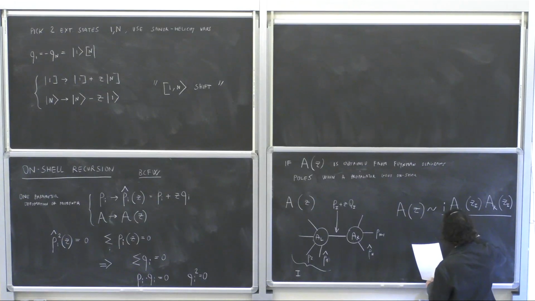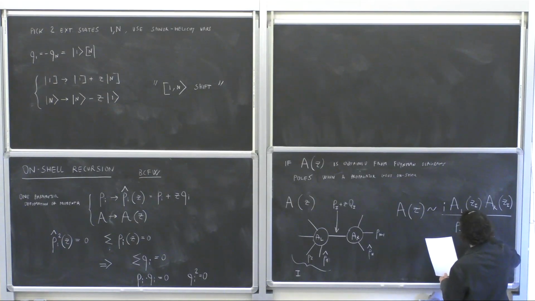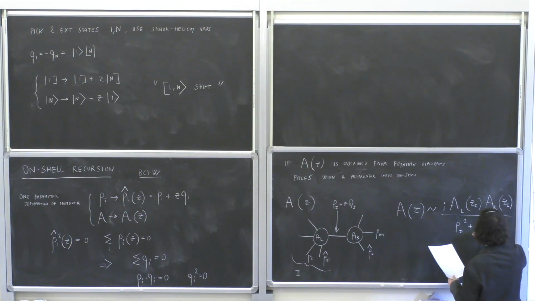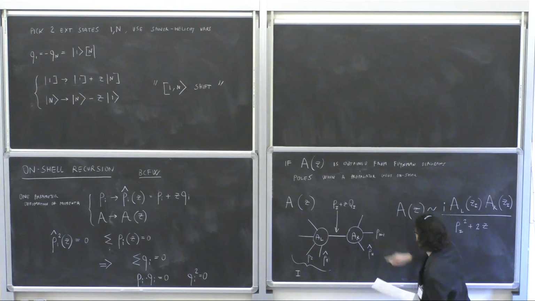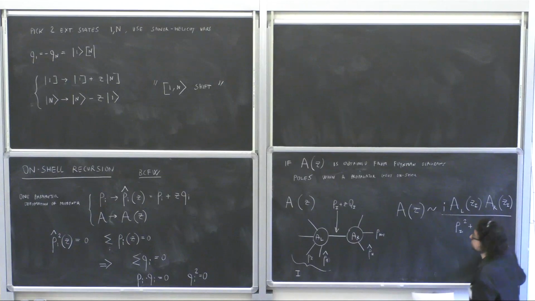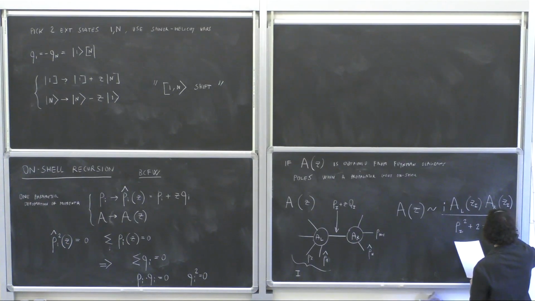And here, at the pole, this is the propagator coming from squaring these quantities, keeping into account, of course, that the Qi is designed to be a null momentum.